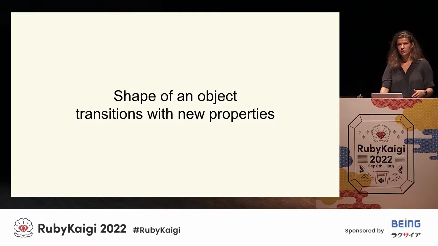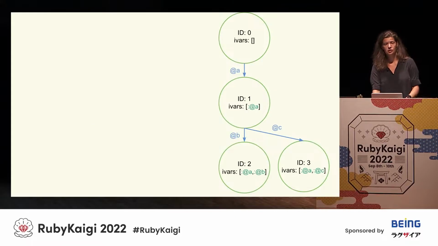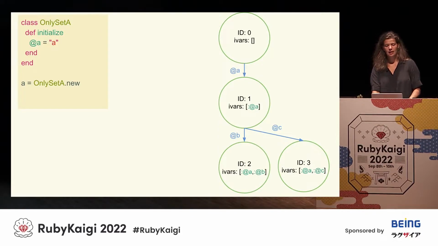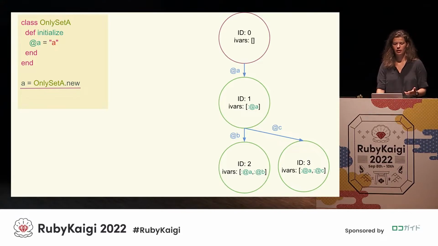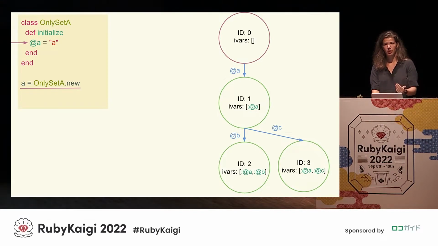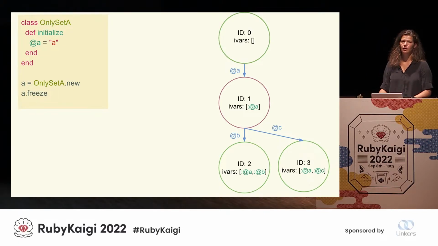Now, we said earlier a shape of an object transitions with new properties. And we said one of those properties was a frozen status. So let's take a look at an example of transitioning with a frozen status. If we have this class where we only set A, as you know by now, we'll start at the root shape. We'll transition when we set A to the shape with ID 1 and ivar A. But then if we called a.freeze, we would make another transition, except instead of this being through an ivar, it would be through the frozen property.